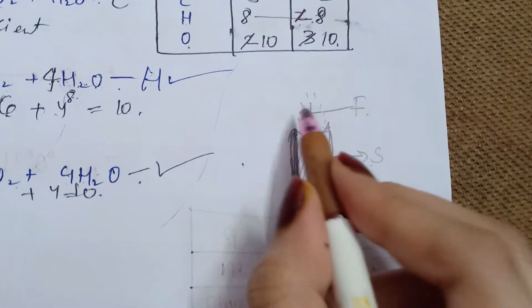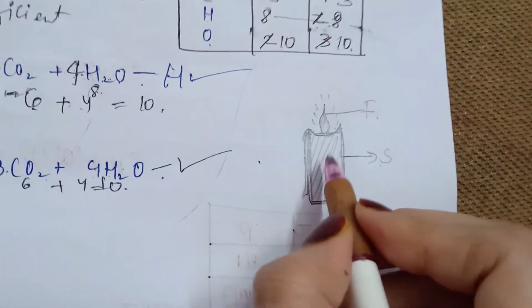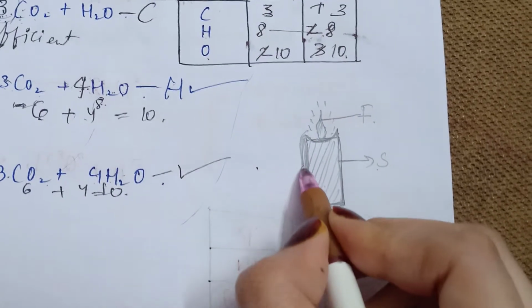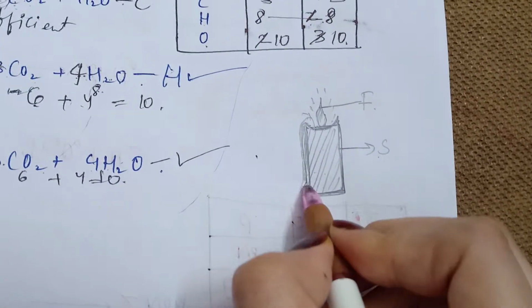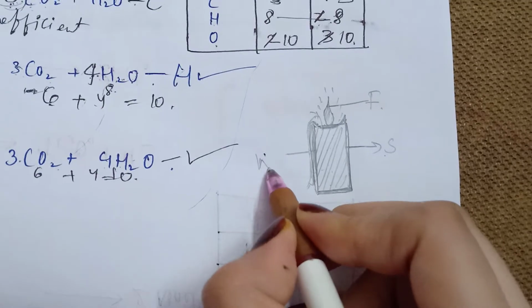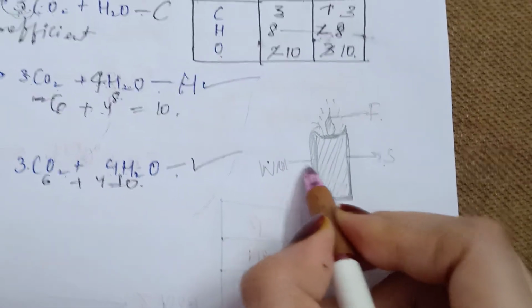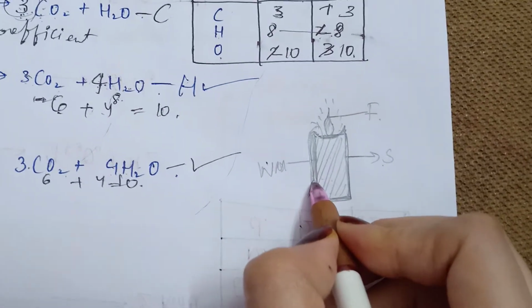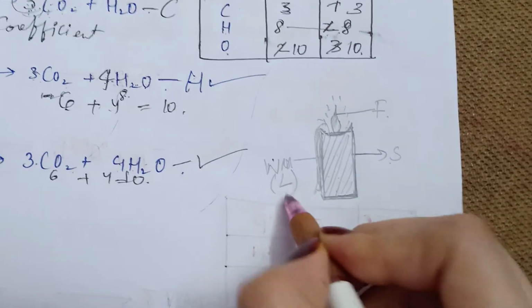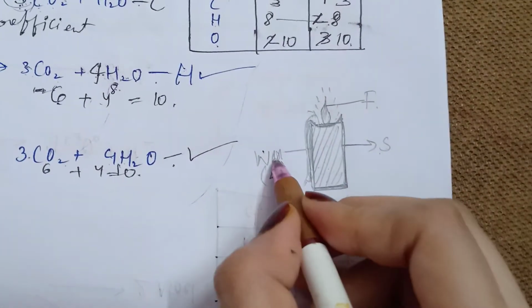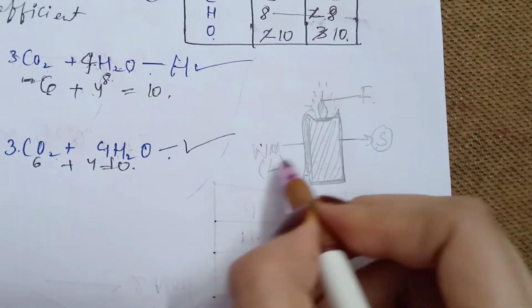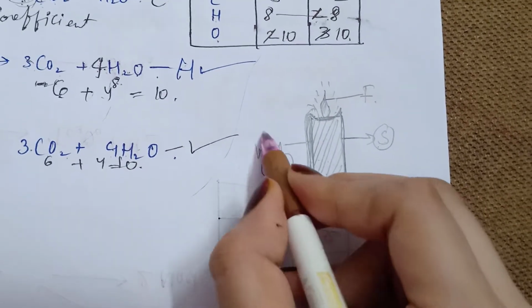It is solid, and when fire catches the candle, the wax will melt, as I hope you all have observed. This melting turns it into a liquid, right?